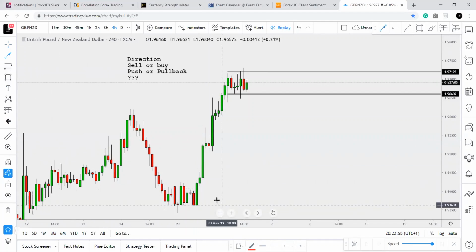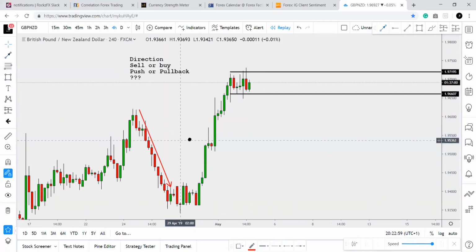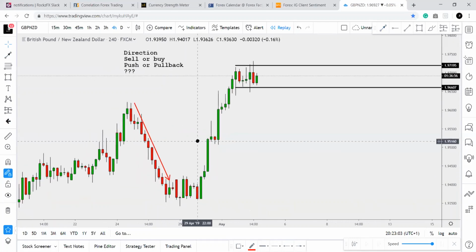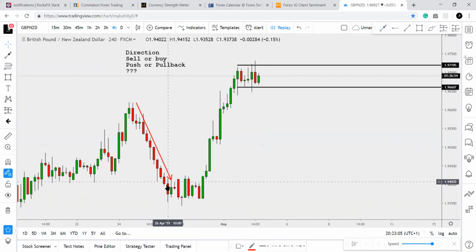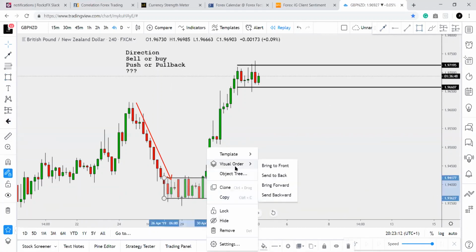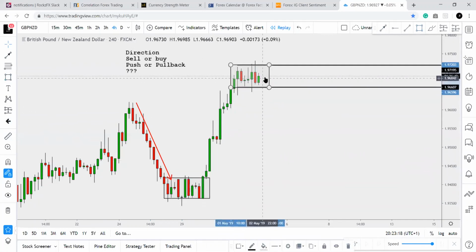Let me give you, and I'm going to go into a bit more detail about this in a second, notice on this market structure here, you saw a big push to the downside. Everybody can see this, right? When this push to the downside started to exhaust, what phase of the market did you see happening? Accumulation. Yes, exactly that. Now we have this push to the upside. What phase is this market in at the moment?